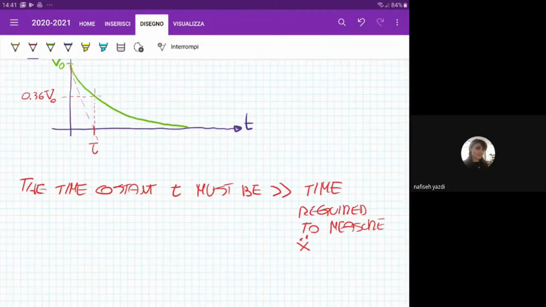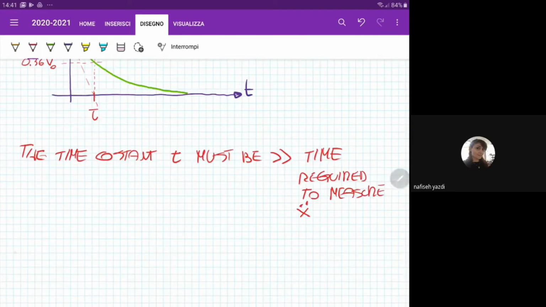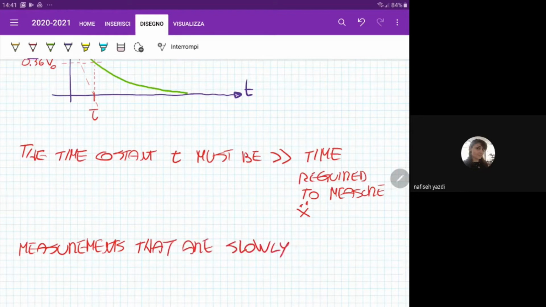So that's the reason why measurements that are slowly varying in time are critical.